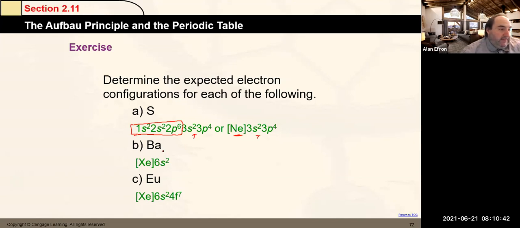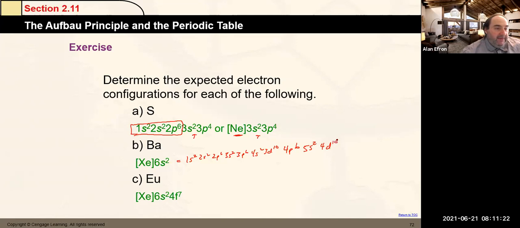Barium, which is 56 there, does that same thing. It goes to xenon, which comes right before it, and then does your 6s2. And again, you could also write out all of that there, like 1s2, 2s2, 2p6, 3s2, 3p6, 4s2, 3d10, 4p6, 5s2, 4d10, I think.